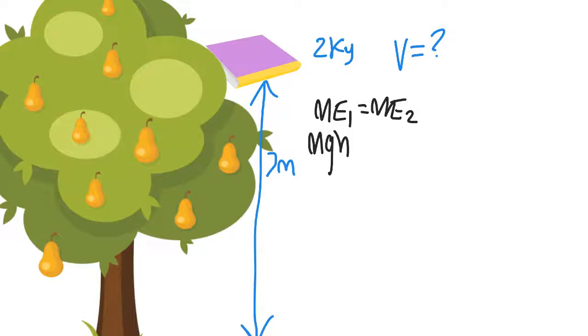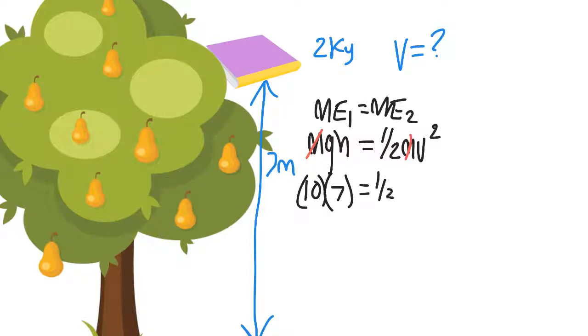It's not moving, there's no elastic. When it gets to the bottom, it has kinetic energy 1/2 mv squared. Again, it's not at any height or elastic at the bottom. So when we solve this, mass can cancel out. And what we get is gravity 10, height 7 equals 1/2 v squared, or 140 equals v squared.